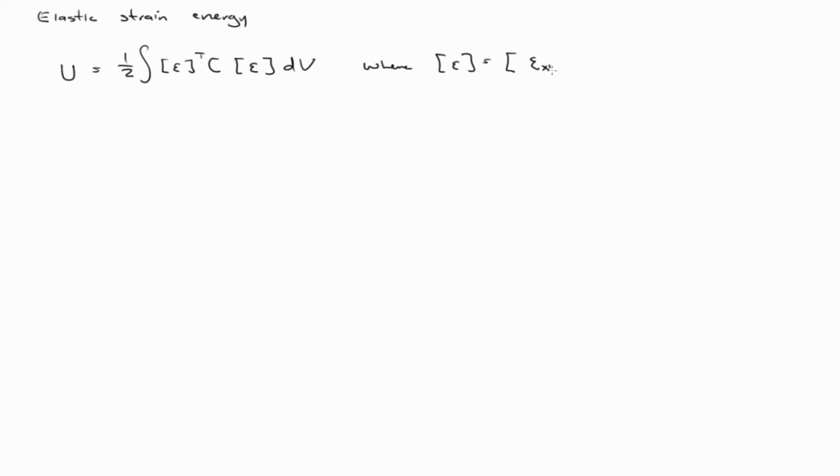So if we look at the elastic strain energy, U, for a beam, that should be equal to, we're using our definitions from before, from last time. So the elastic strain energy in the continuum should be equal to the moment times the angle.